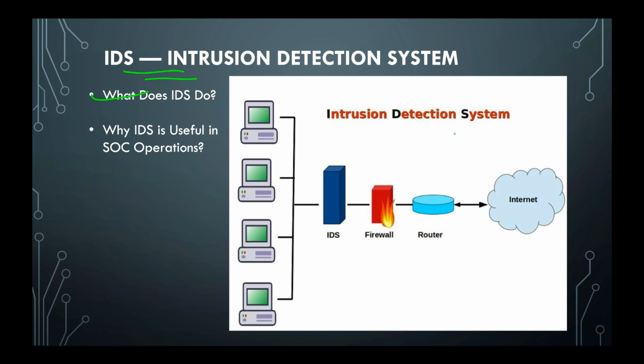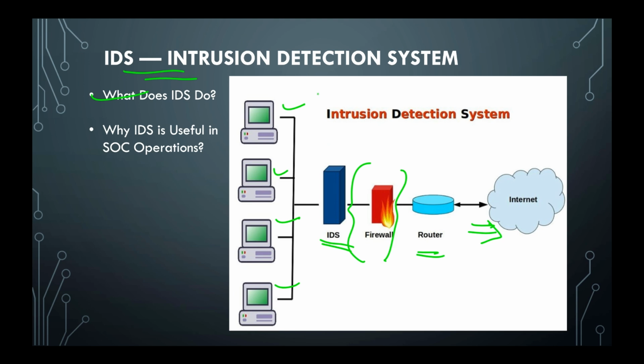But here is the thing, it is passive, meaning it won't stop the attack, but it will bark loud enough to get your attention. So you can see these are the endpoints or nodes, and here we have IDS, and then we have the firewall, our router, and the internet. So it works with the firewall.